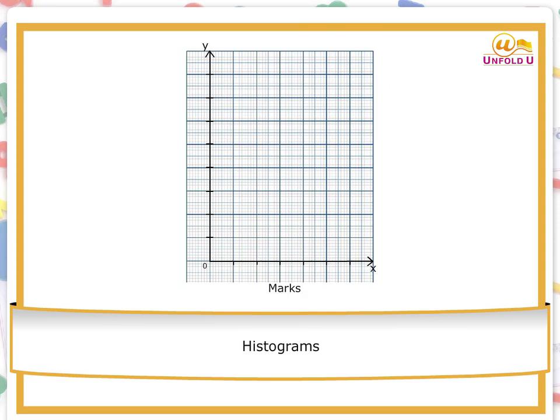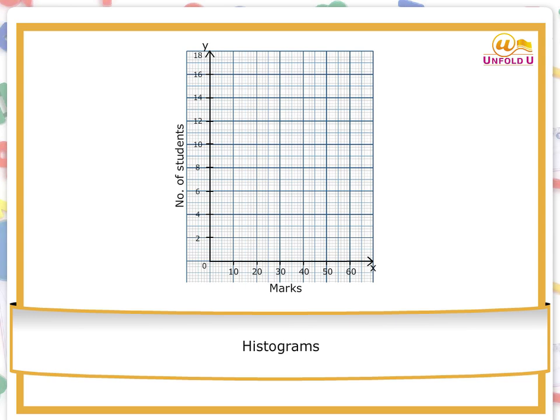To draw a histogram of a frequency table, we first represent the marks on the horizontal axis. We choose the scale as 10 lines of graph paper equal to 10 marks and represent the marks on the x-axis accordingly. We represent the number of students on the vertical axis.